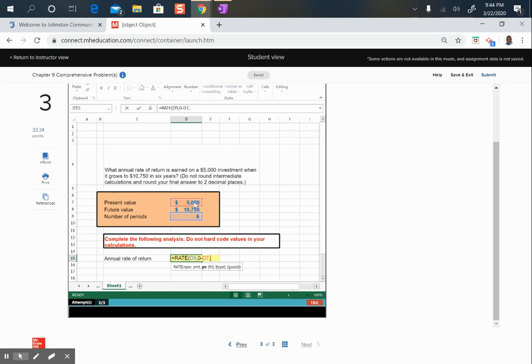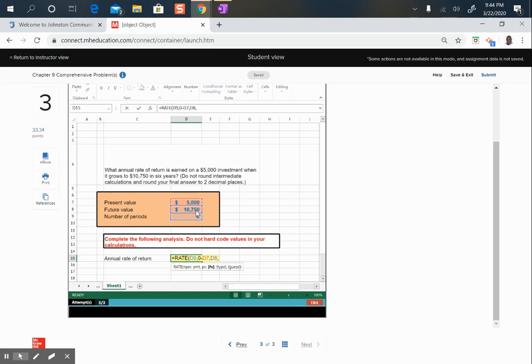And our future value, we know the future value is 10,750. I think I'm missing something.